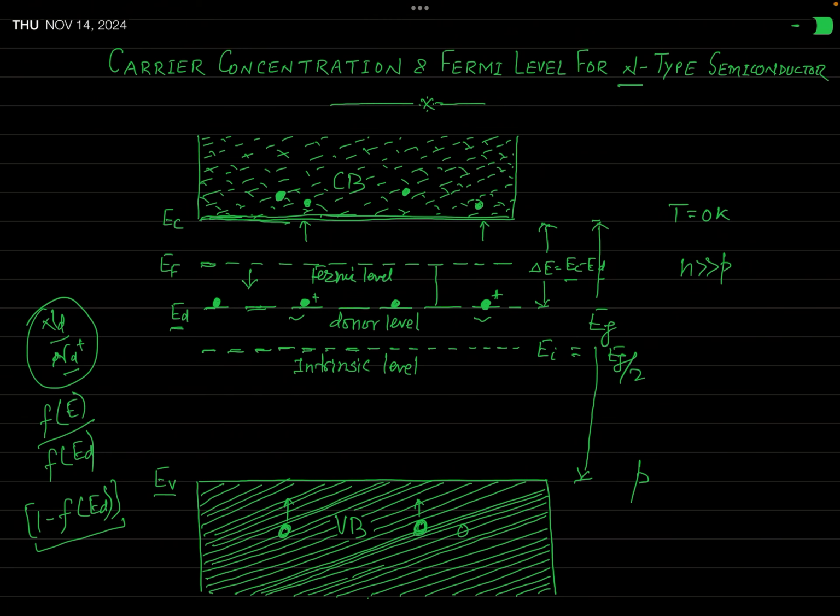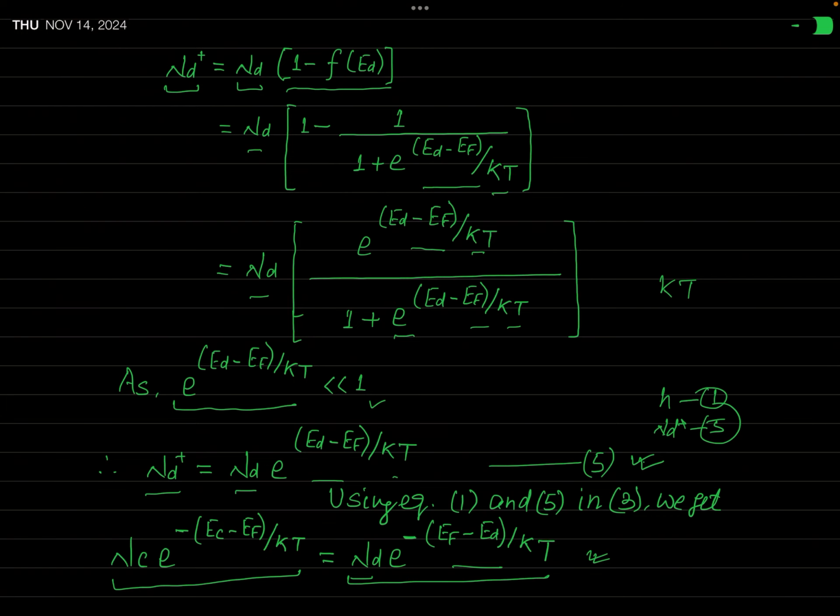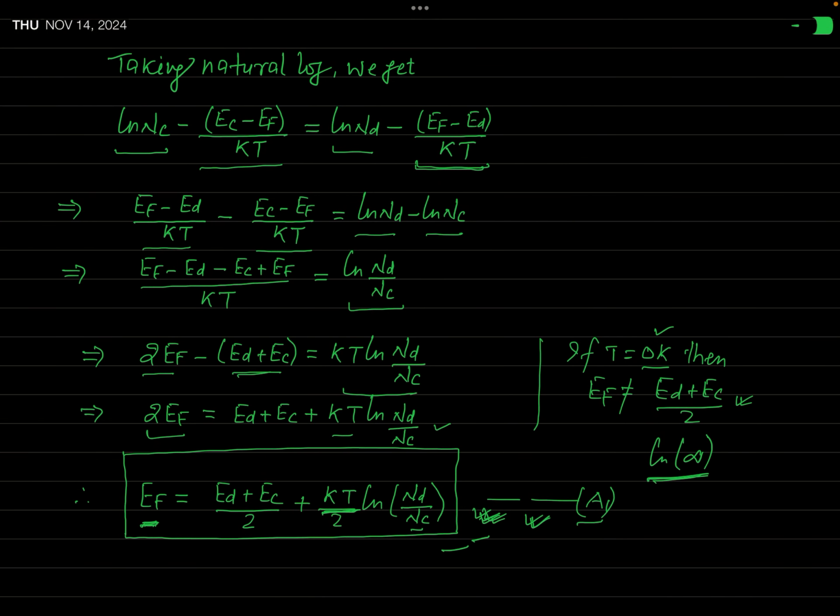Okay. Although this is not apparent from the equation which I have derived for this Fermi level, this is true. Okay. So in such a case, as the Fermi level moves to the position of the intrinsic level, this extrinsic semiconductor now behaves like an intrinsic semiconductor. So this is a very remarkable fact.